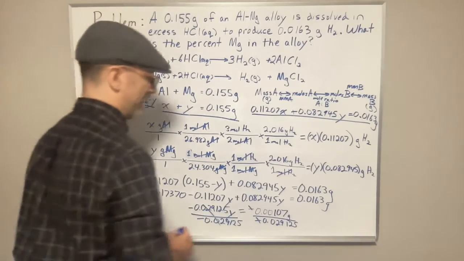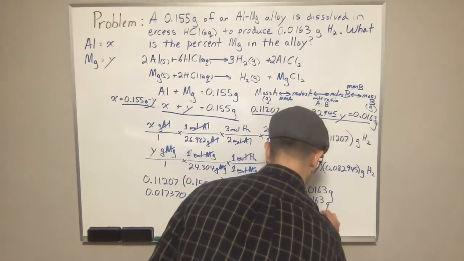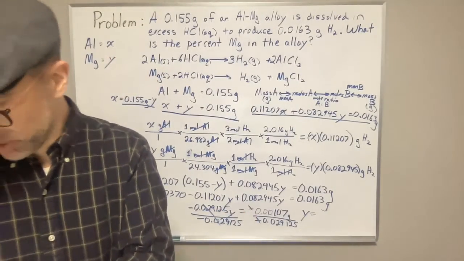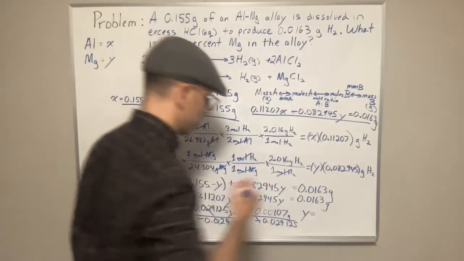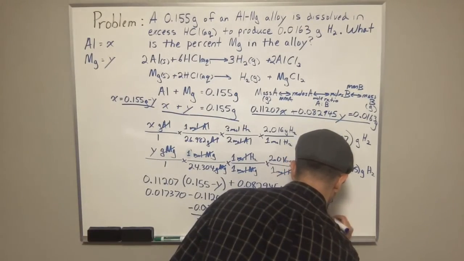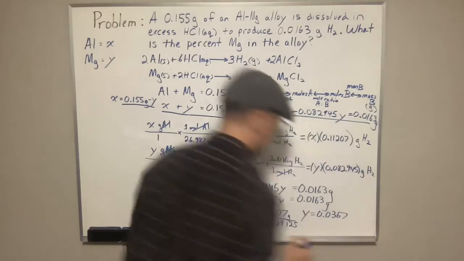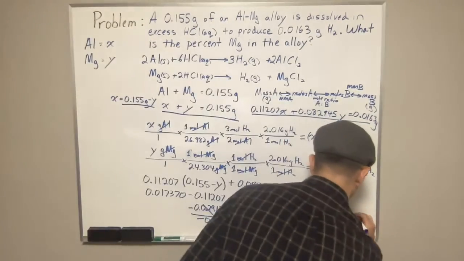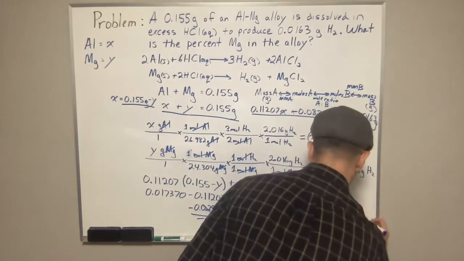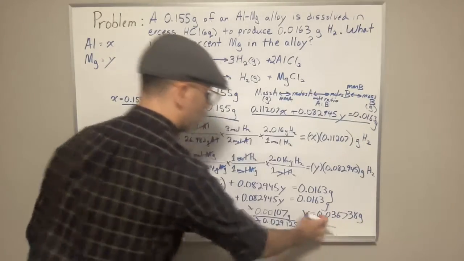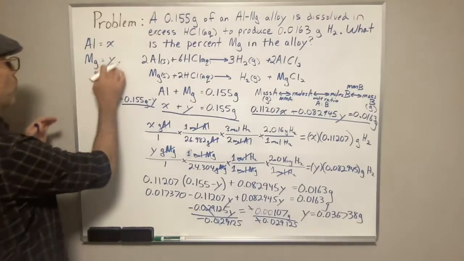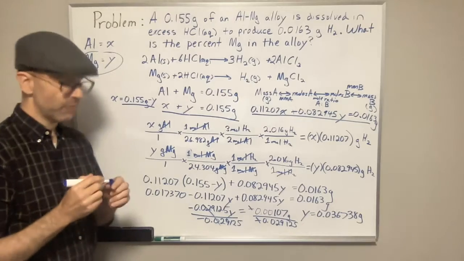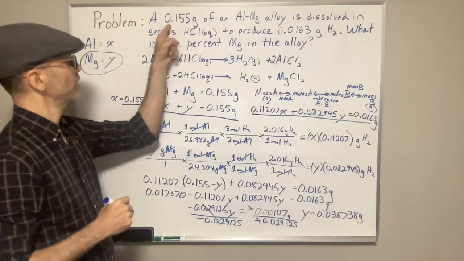This cancels out, and I end up getting y is equal to the answer, 0.036738 grams. That is the amount of Y, which is magnesium. So we just found the mass of magnesium in our original sample.